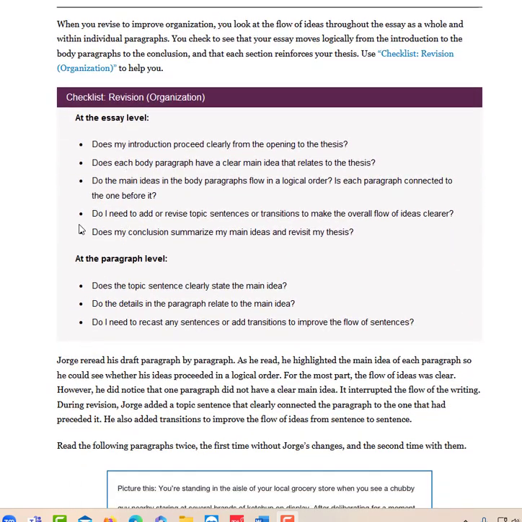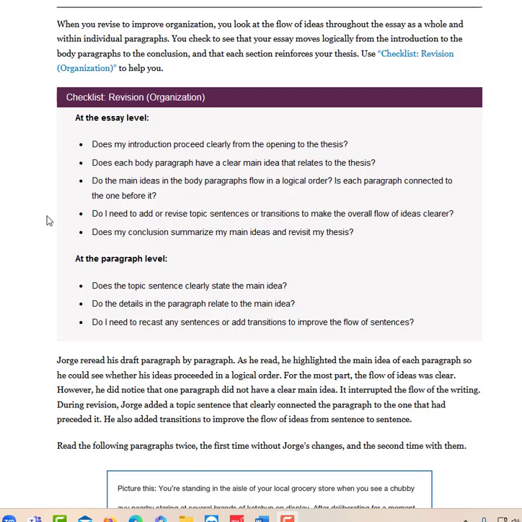Checklist for revision. Does my introduction proceed clearly? Does each body paragraph have a clear main idea that relates to the thesis? Do the main ideas in the body paragraphs flow in a logical order? Do I need to add or revise topic sentences? Does my conclusion summarize my main ideas?